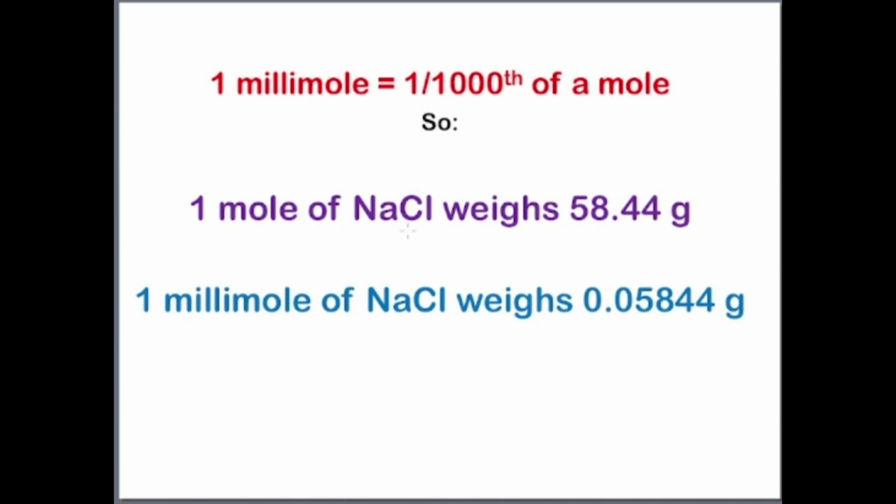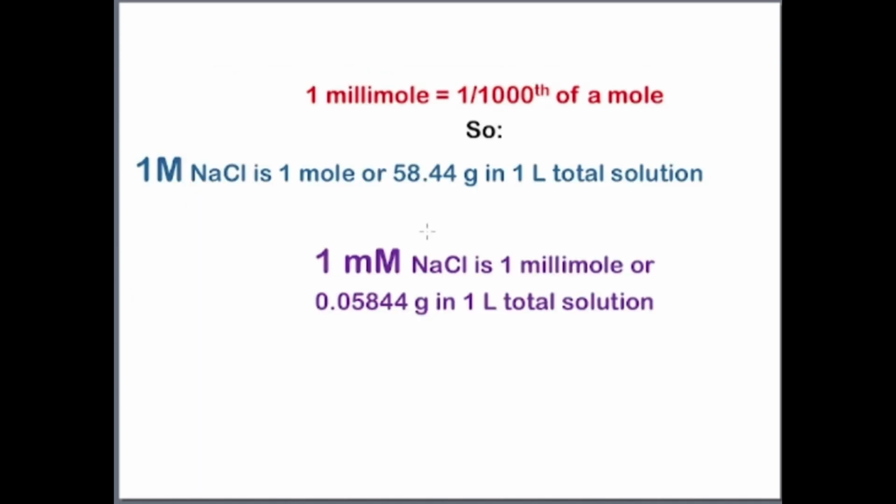So let's talk about NaCl. 1 mole of NaCl weighs 58.44 grams. So a millimole weighs 1/1000th of that, which is 0.05844 grams. Remember, that's an amount. If we want to make a millimolar solution, we know that 1 molar NaCl is 1 mole, or 58.44 grams, in 1 liter.